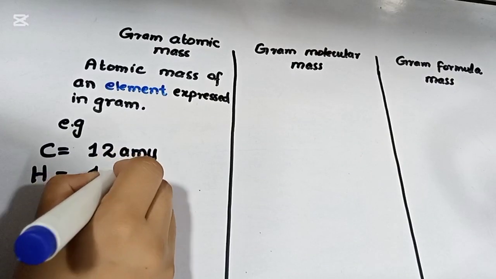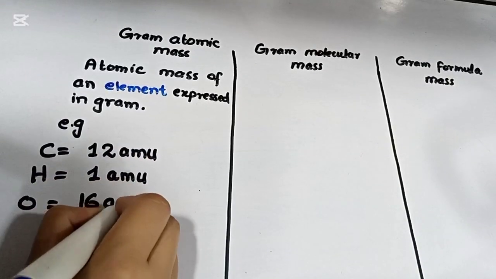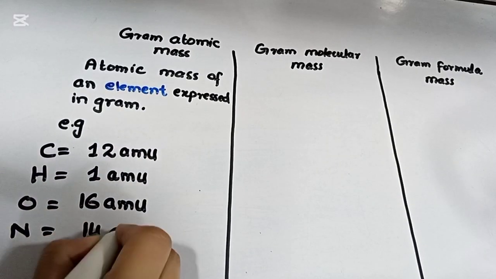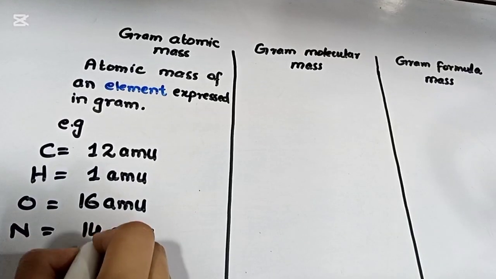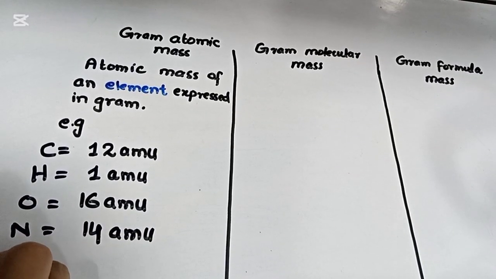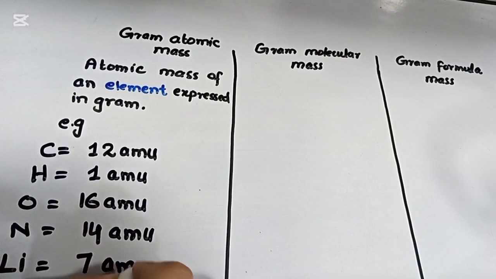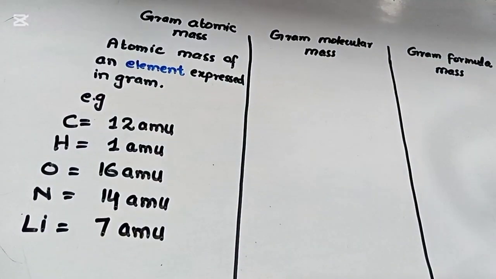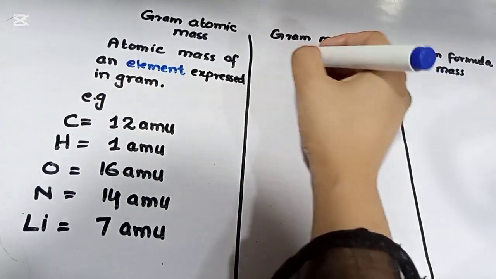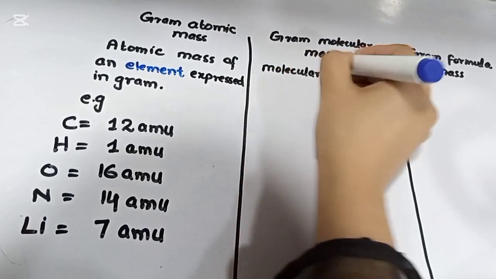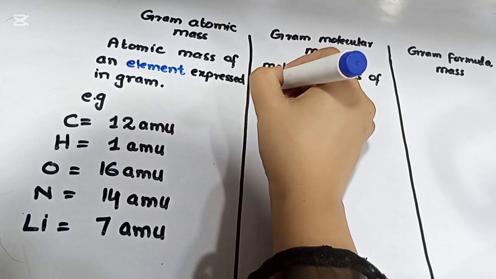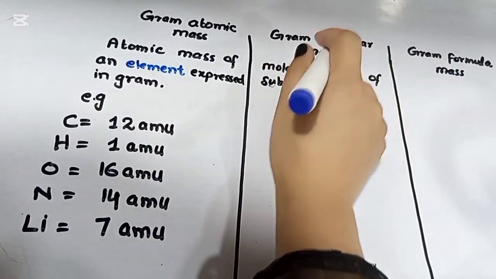For example, carbon 12 AMU, hydrogen 1 AMU, oxygen 16, nitrogen 14 AMU according to the periodic table, and lithium is 7 AMU. When representing gram atomic mass, the AMU is replaced with gram.